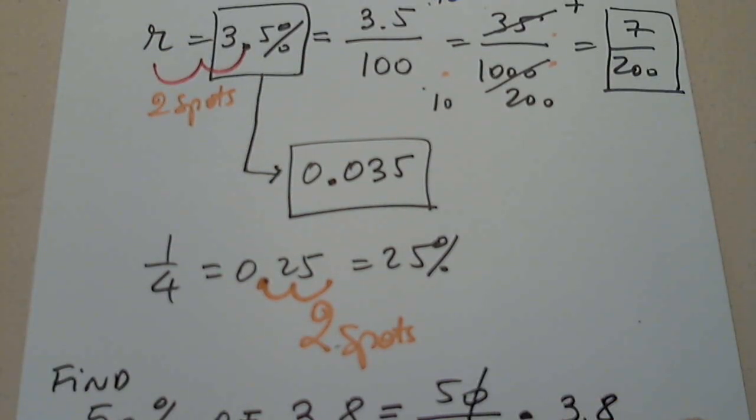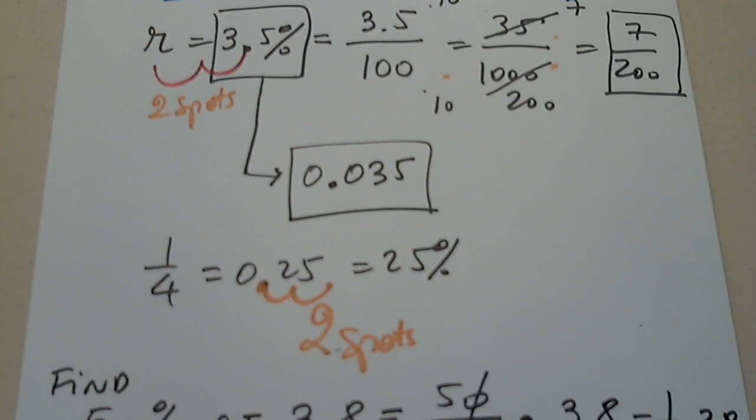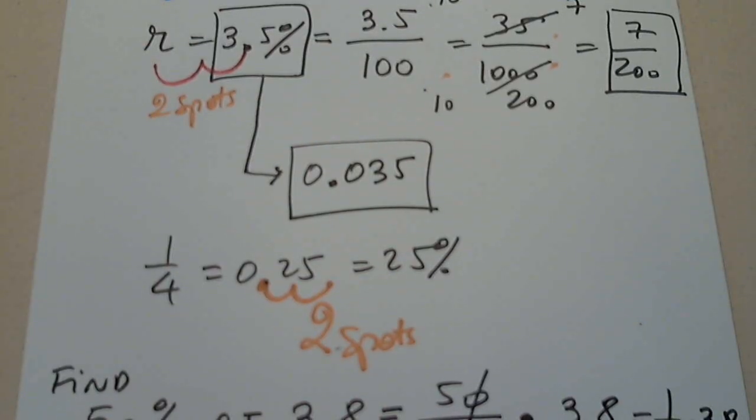First, simplify here as much as possible, always. So I have 5 over 10, which means 1/2, times 3.8. Well, half of 3.8 is 1.9. So 50% of 3.8 is basically 1/2 times 3.8, or half of that number. That's 50%.